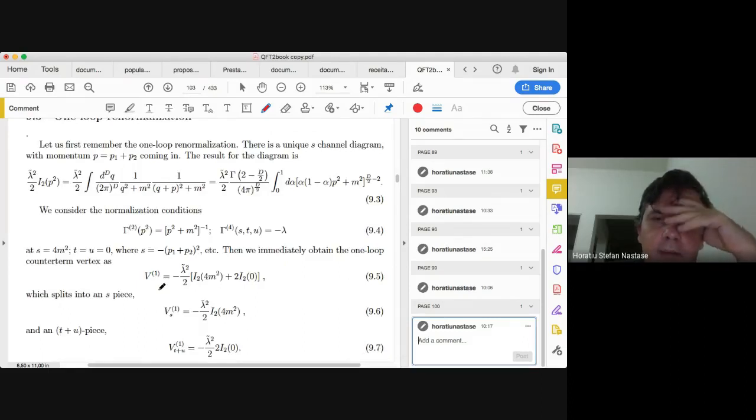So then the one loop counterterm vertex is this integral I2, which depends on p squared, with a factor of lambda squared over 2. But then this I2 depends on S, which is minus P1 plus P2 squared, right?